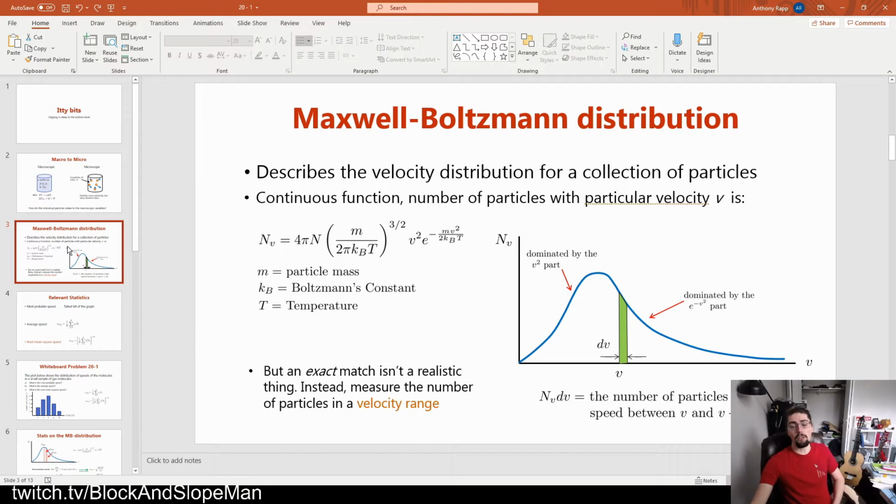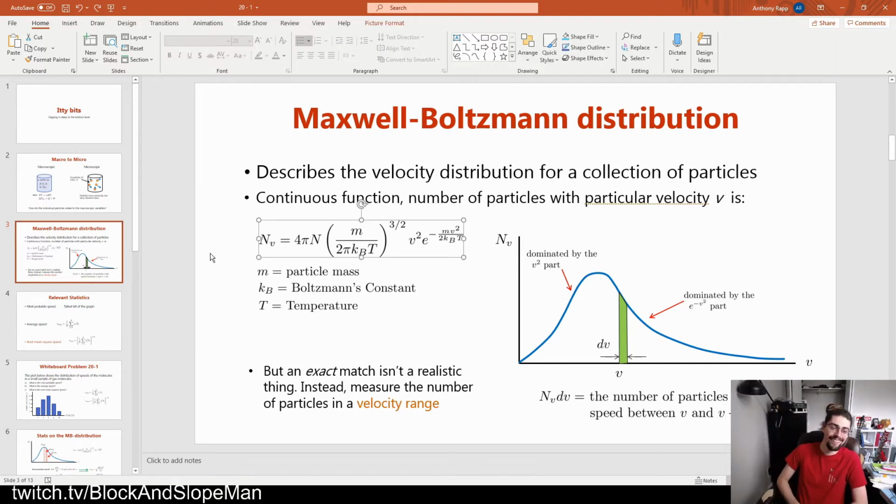So it is this very nasty equation. There's not a prettier way to write that, right? It's really kind of crazy. That whole thing out front here, this 4 pi N (m over 2 pi k_B T) to the 3/2 power, that's all actually just a constant.